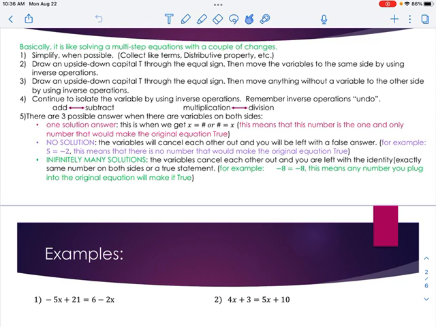That means that would be an infinitely many solution answer. Now, what does that really technically mean? What it means mathematically is no matter what I plug into the original equation, it will always make that equation true.